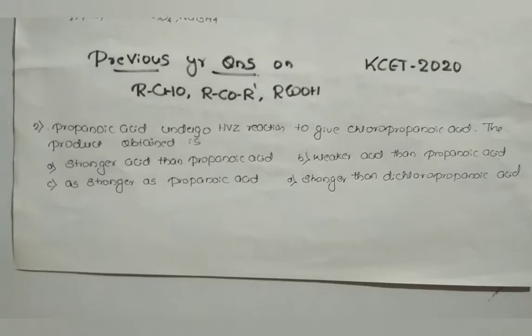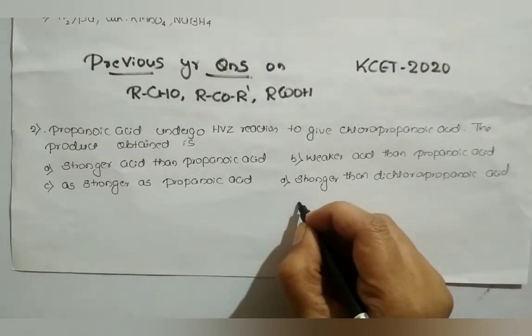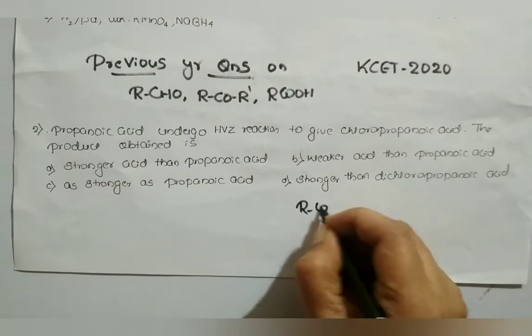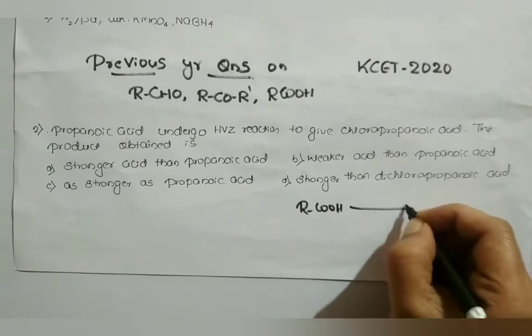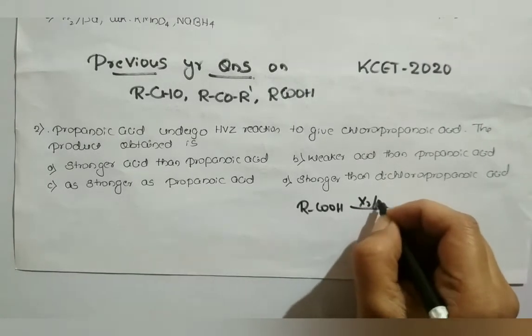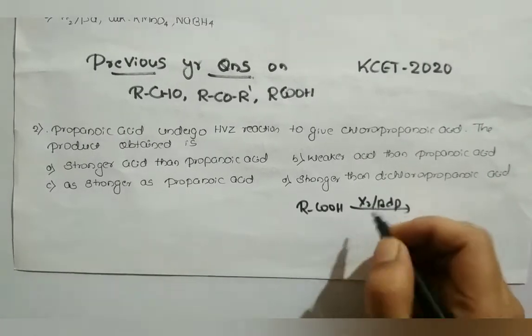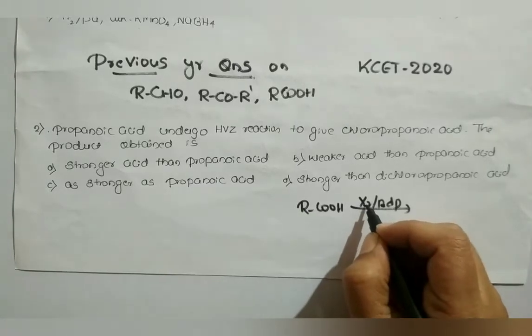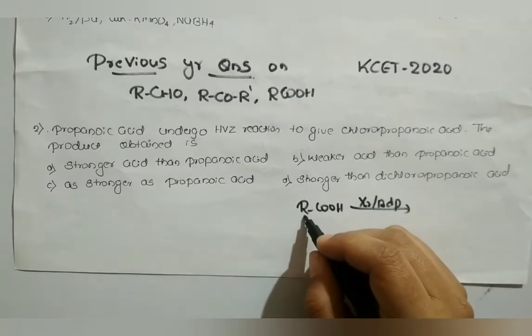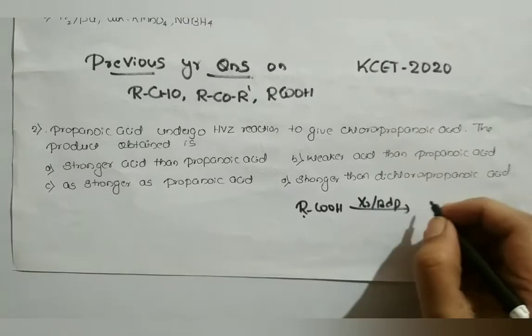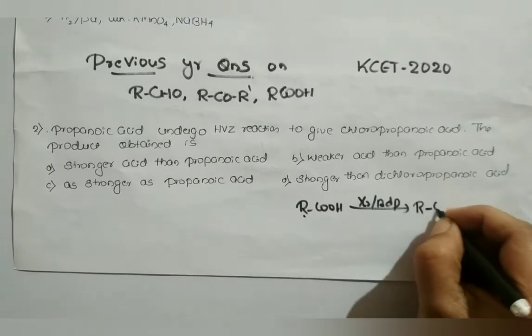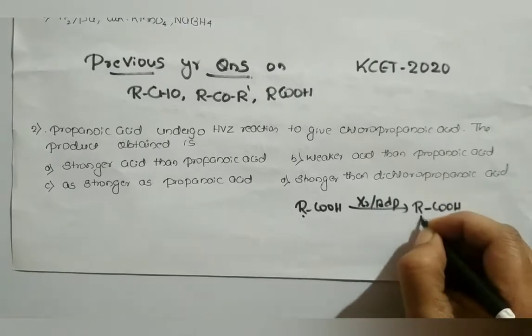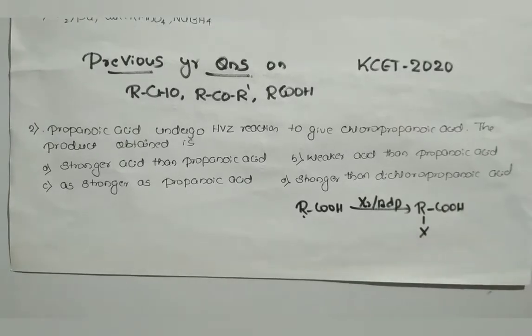Meaning, when the carboxylic acid, I'll just write here, is treated with halogen in the presence of red phosphorus, this halogen will be substituted at the alpha carbon. The product we get is a carboxylic acid with a halogen substituted.